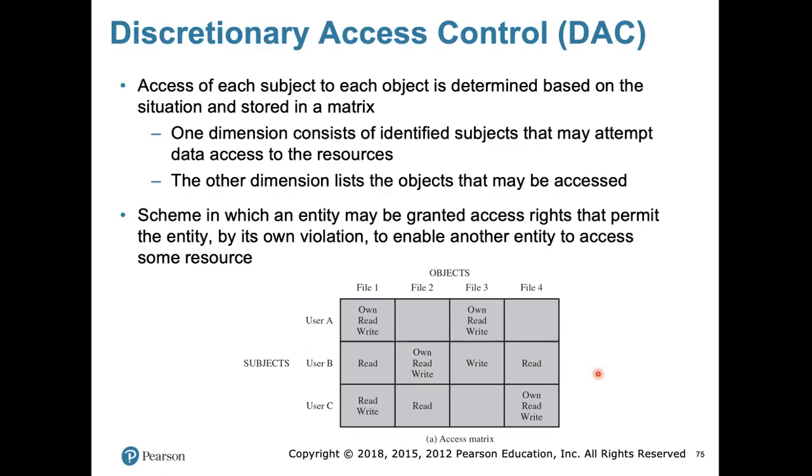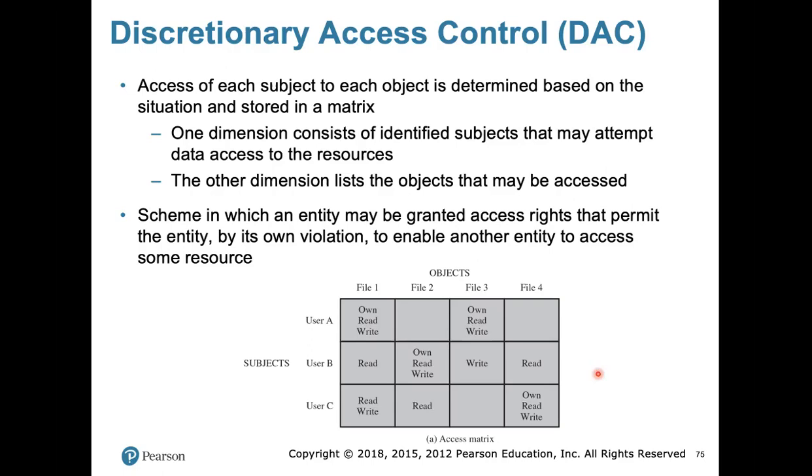For example, user A is the owner of the file. User A may share that file, may give a copy of that file. Let's say user B is the owner of file 2, and user B may read file 2 and may share a copy with user A. And that way, user A is basically reading that file.